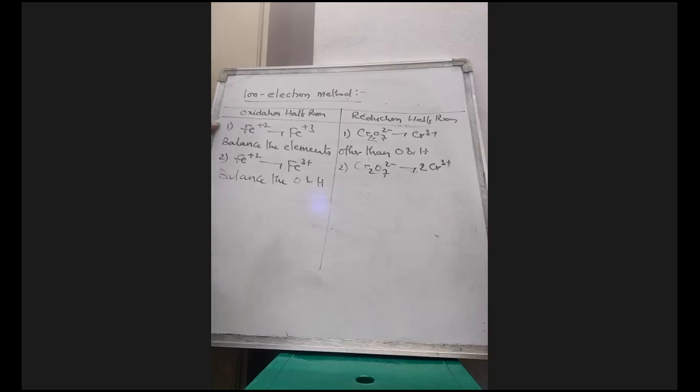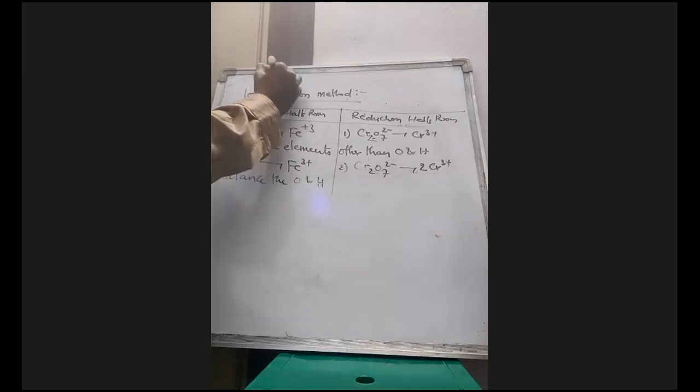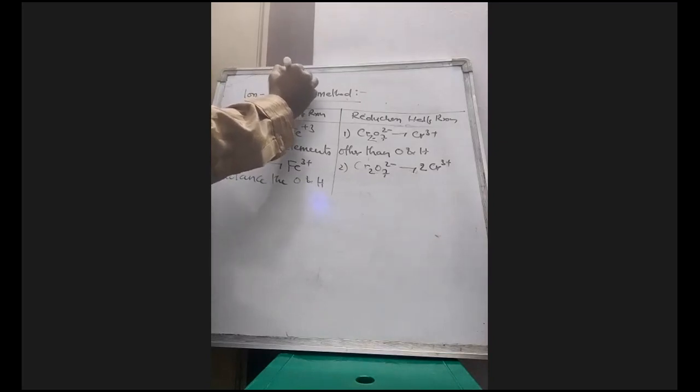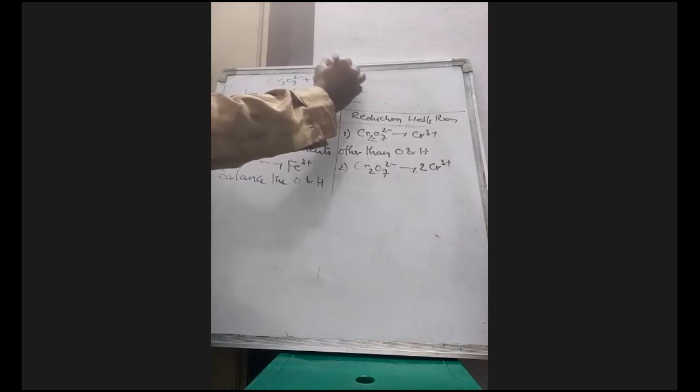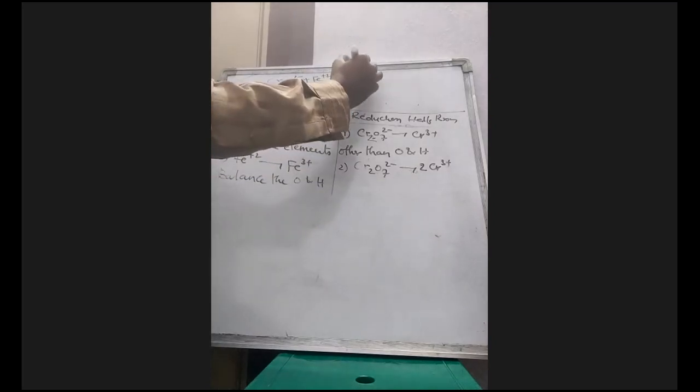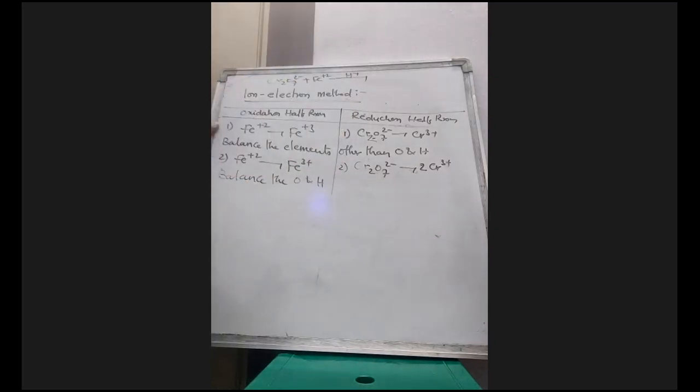To balance oxygens and hydrogens, while giving the problem itself, they will specify whether we have to solve by the ion electron method in acidic medium or basic medium. For example, here the given reaction Cr2O7 2 minus plus Fe plus 2. Here, if H plus is written, it is called acidic medium.